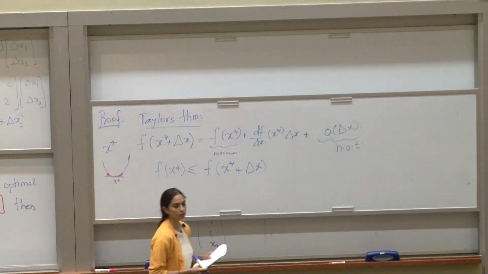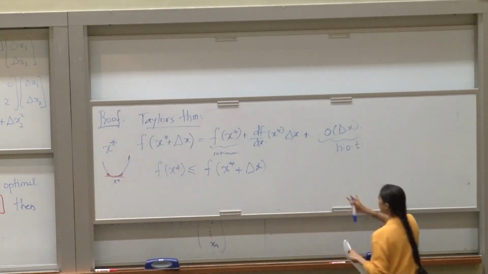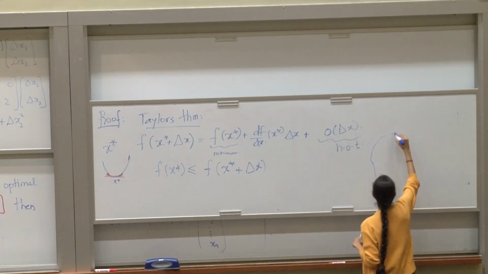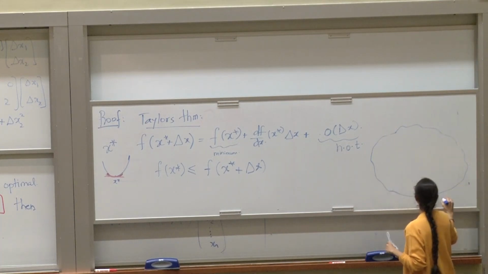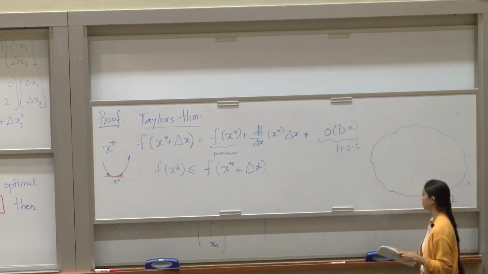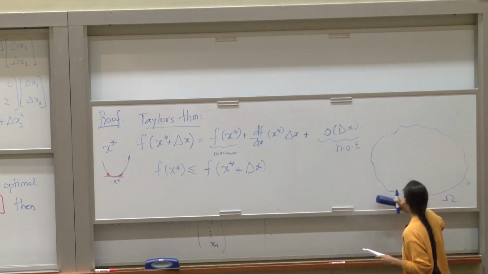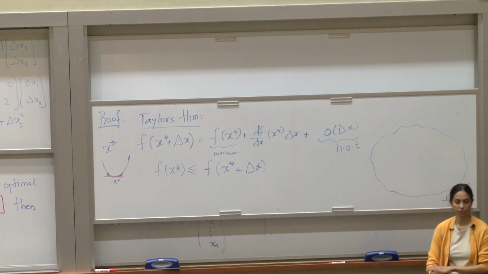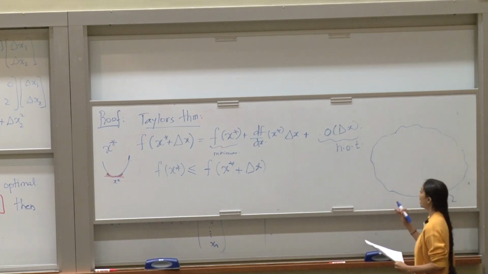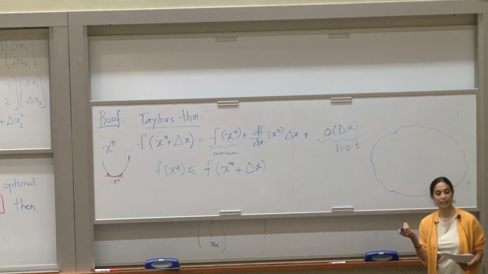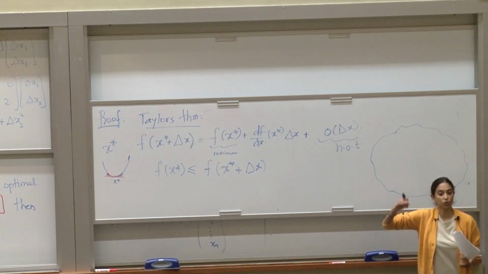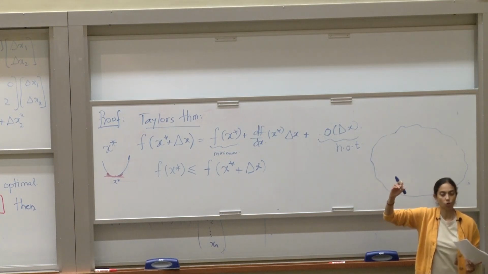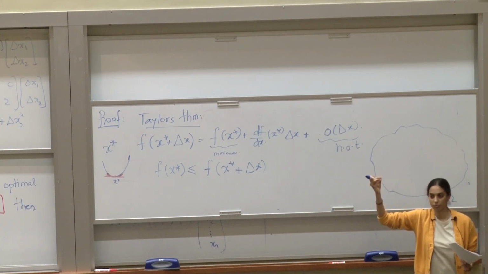Now I'm going to use the fact that I have an open set. So let's say this is my omega. In this case, since I'm considering a real line, I could only consider a real line, but in the interest of generalization, I know that I can approach the boundary and be arbitrarily close to it, but I can never be exactly at the boundary, right?